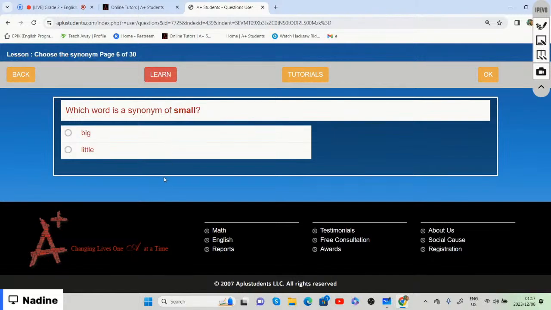And now we need to find another word that is similar to small. Is it big or is it little?